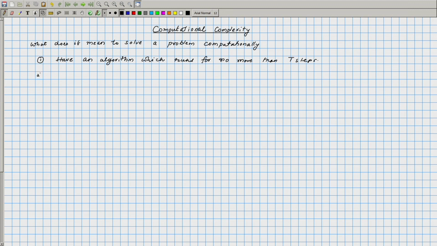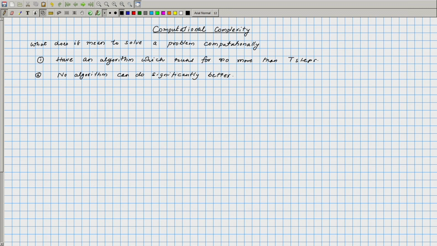So, we would like to give some guarantee that no algorithm can do significantly better. It cannot take much smaller than t steps. So, here we are addressing the time taken for solving the problem.